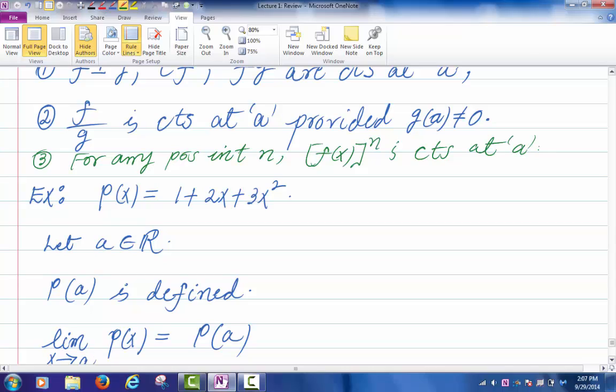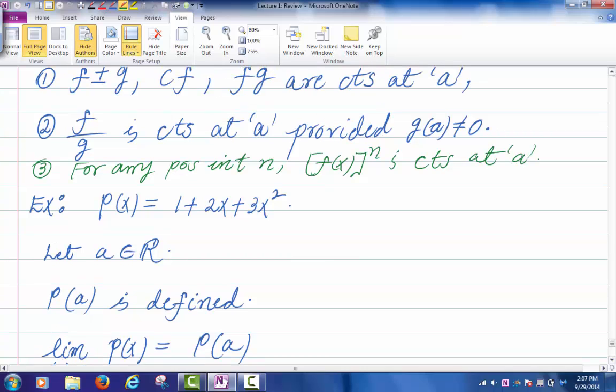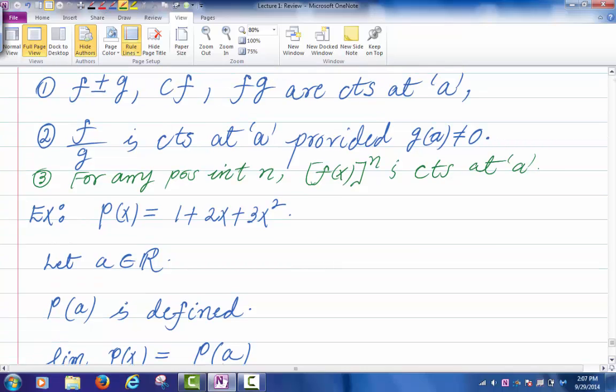In fact, number 3 is really, if you think about it for a second, basically a version of this guy. If f and g are continuous, f times g is continuous at a, right? Well, instead of taking g, if I take f times f, then f times f will be continuous at a. F times f will be f squared.